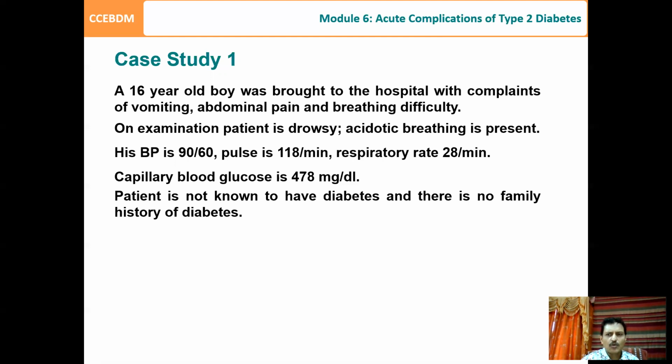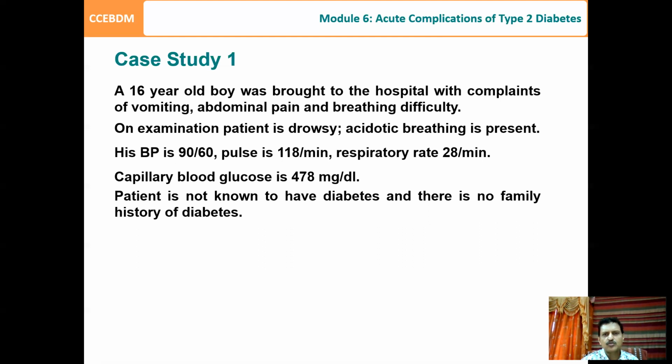So this is a very, very typical history which we find in this particular case. A young boy or a young girl comes to the hospital mainly with abdominal issues, but the patient has some degree of drowsiness or neurological symptoms.